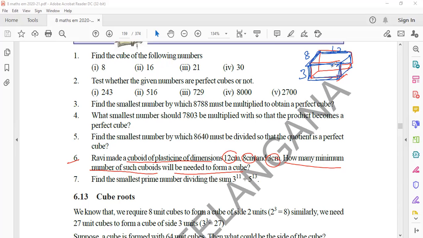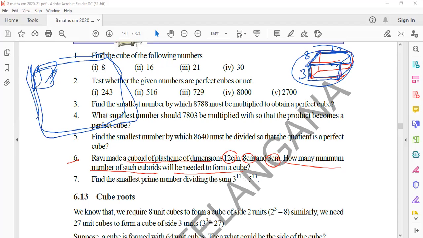So how many cuboids like this are required to make it, when arranged, a perfect cube model? You are arranging in one plane, and this setup should look like a perfect cube. The question is clear.